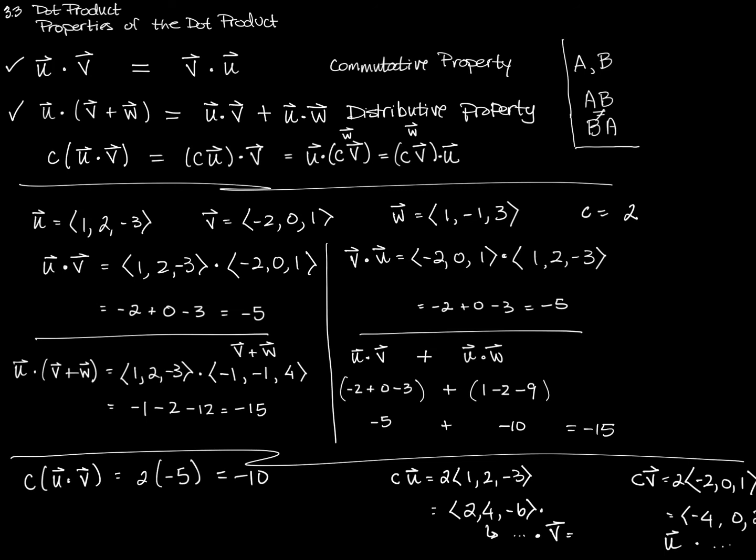That means v, which is negative 2, 0, 1, and I've run out of room again. I do seem to do that. Let's dot, u out front, 1, 2, negative 3 dotted with negative 4, 0, 2.